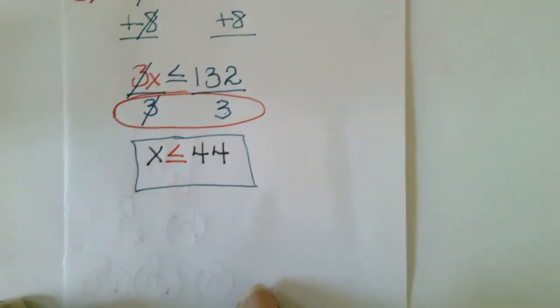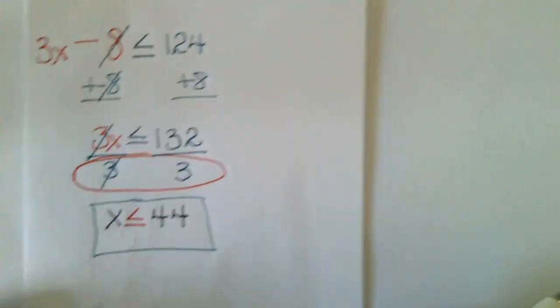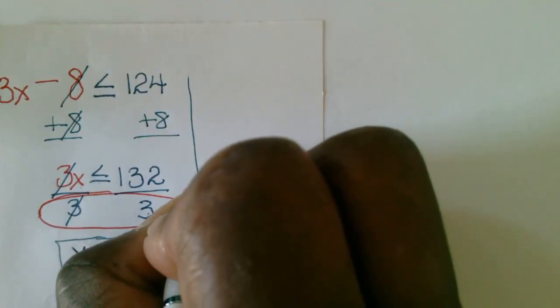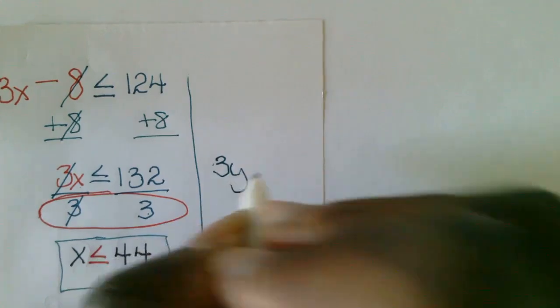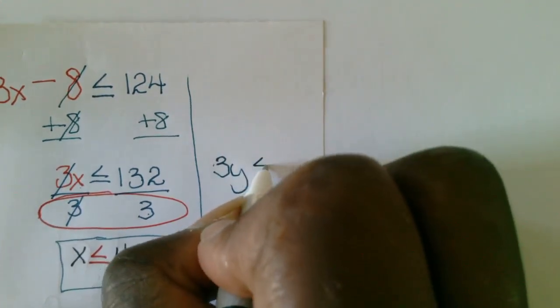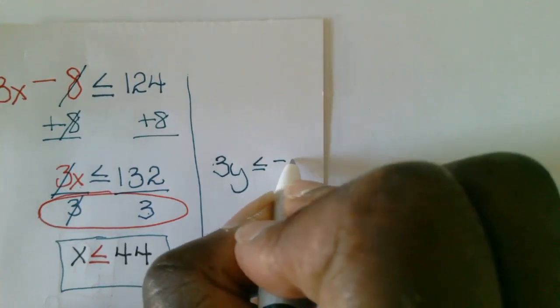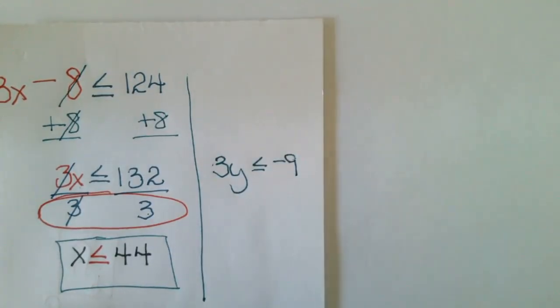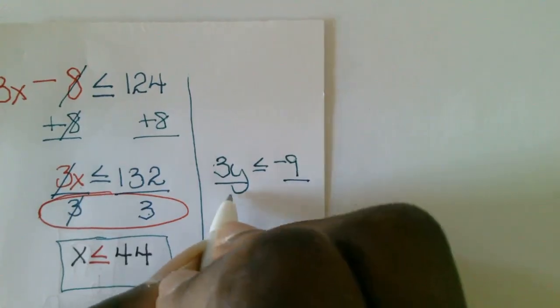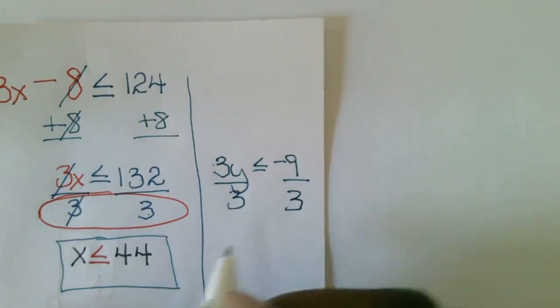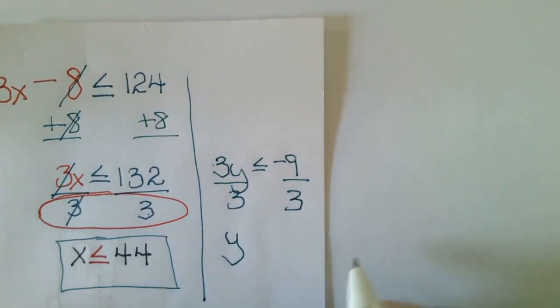But let me put a little side note, because some people are like, well, what happens if I get, so if you said 3y, just work with me here, is less than or equal to negative 9, right? And we would divide both sides by 3, because I have to emphasize this.